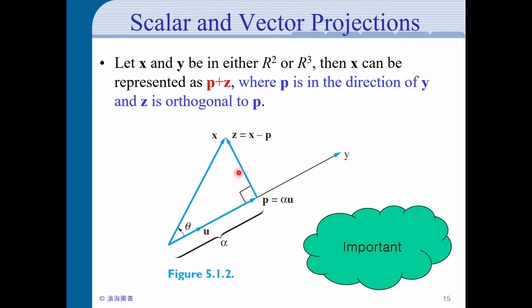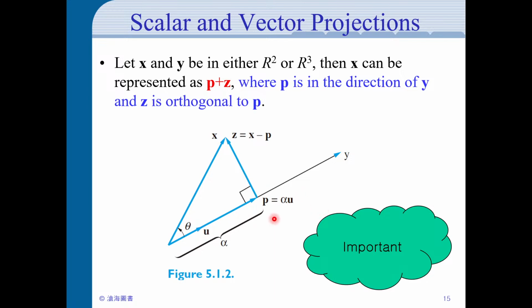Okay. So now we know what orthogonal is, and we can talk about the component orthogonal to y. So what is this component p that's in the direction of y, and what is this component z that's orthogonal to y? And anyway, let's find p.